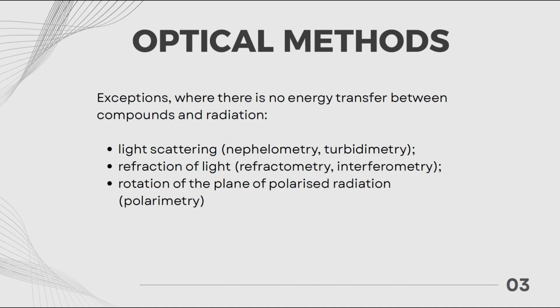What do we call here? As I told you first, it is light scattering, when we are just looking at to which extent light is scattered. A few methods that we will not discuss today are nephelometry and turbidimetry.